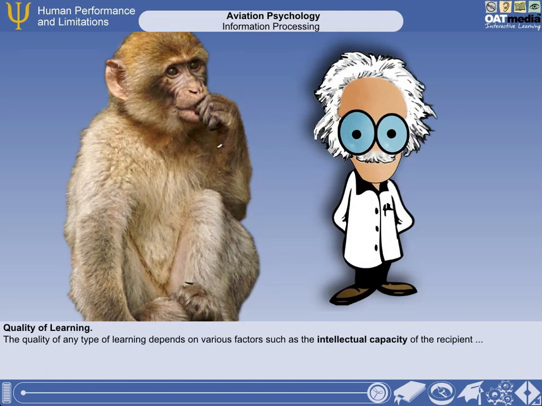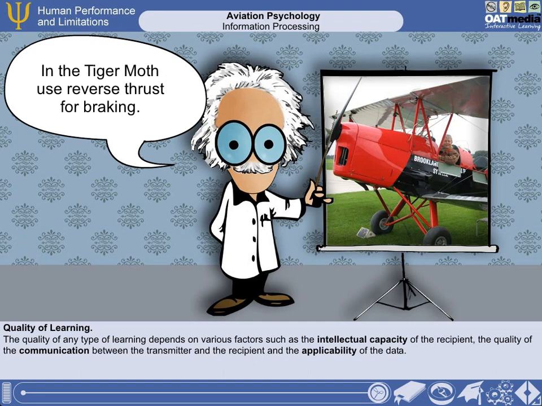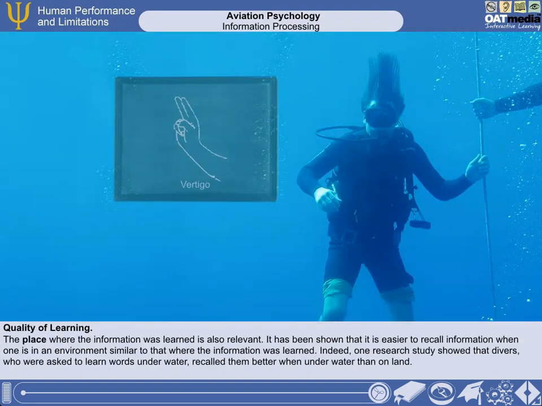The quality of any type of learning depends on various factors, such as the intellectual capacity of the recipient, the quality of the communication between the transmitter and the recipient, and the applicability of the data. The place where the information was learned is also relevant. It has been shown that it is easier to recall information when one is in an environment similar to that where the information was learned.